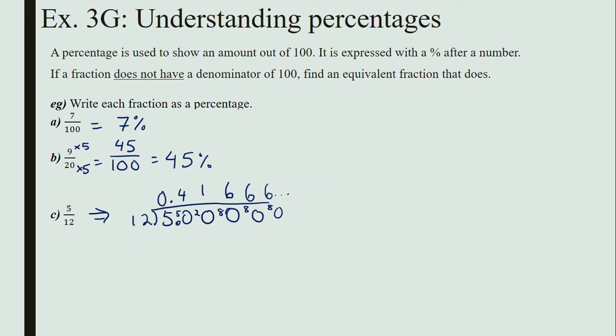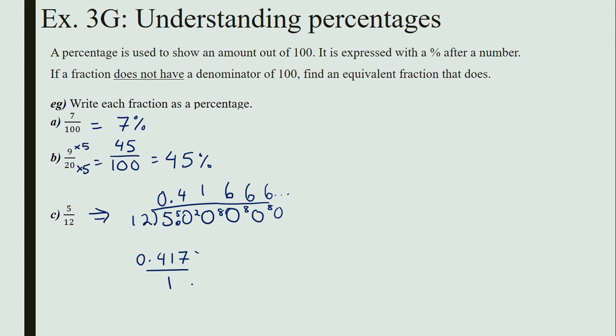If we were to multiply 0.41, let's round it to 7, okay, by 100, okay, we would then have our percentage. Also, we could write this as a fraction. This might be easier, out of 1.